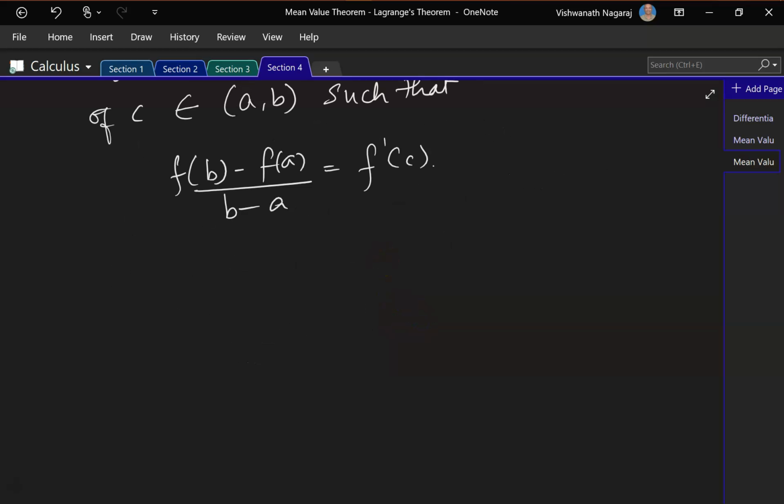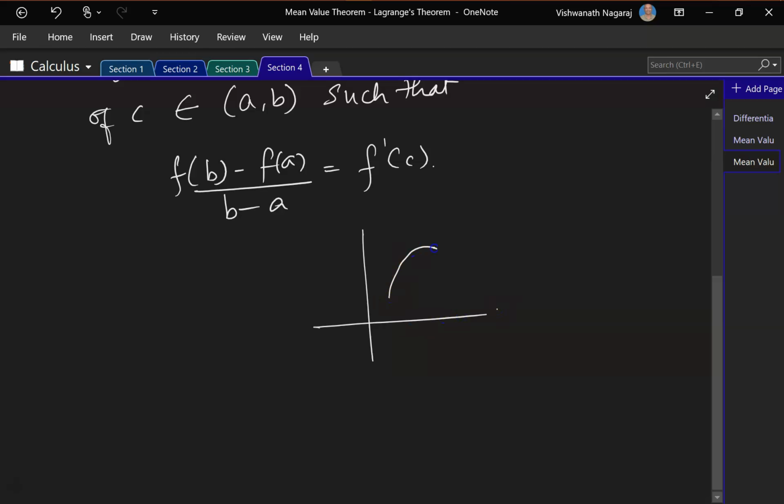Okay, now if we look at it graphically, what it means is that if you have a graph like this, and let's say this is a and this is b, if you look at this chord, what this theorem says is that if this curve is continuous between a and b, and differentiable between a and b, then you have a point c for which there is a tangent.